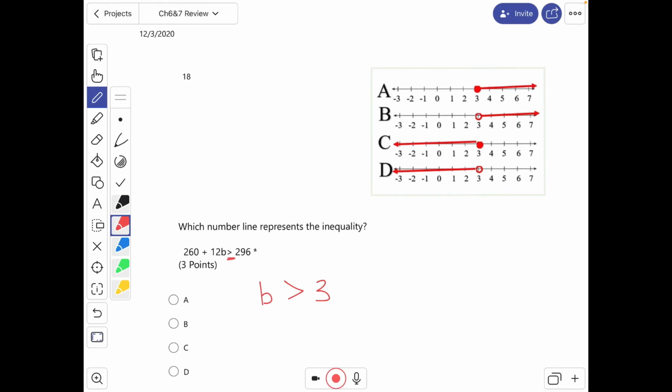This time B is on the big side because the alligator's eating him. And big is on the right, little's on the left. So can't be that one or that one. It doesn't have an equal sign, so it gets an open circle. So that means it has to be B.